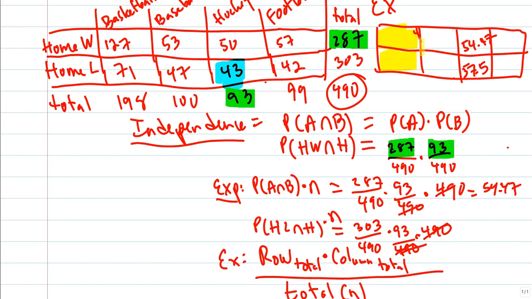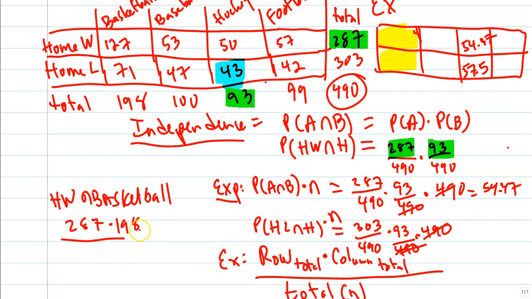So if I want home wins and basketball, what I'm going to do is take the total of the row, 287, times the total of the column, basketball, 198, and divide it by the total, 490.